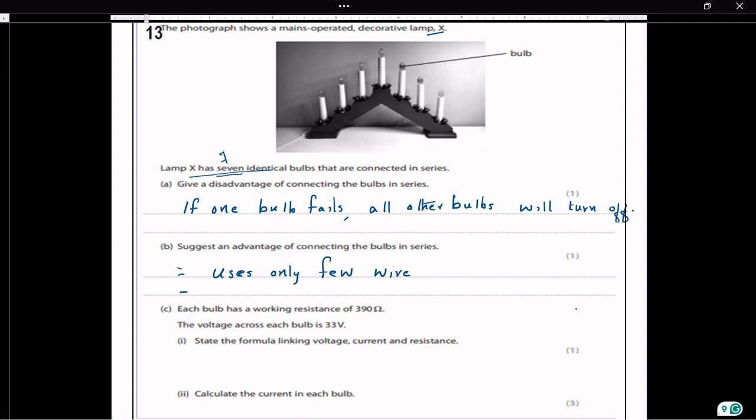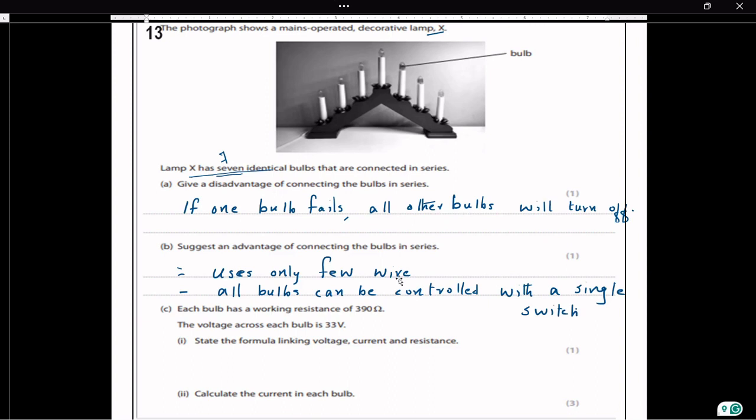All bulbs can be controlled using a single switch.